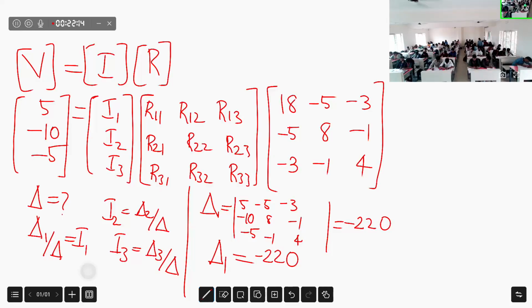So try to find out the next, del 2 value. What will you do for del 2? Just replace the second column values with voltage values. Okay? Fast.